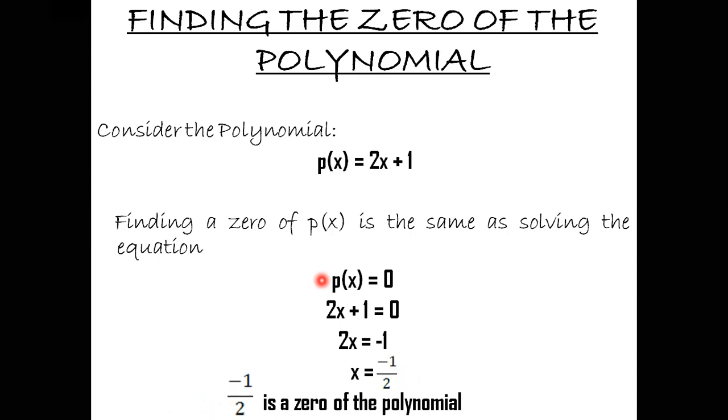So that's how we began, that P of x should be equal to 0. And then all that we did is, what is P of x? It is 2x plus 1, and solved it further. I hope you have understood how to find the 0 of the polynomial. If not, let's solve a few more questions.